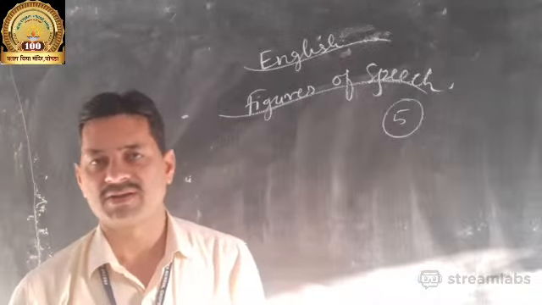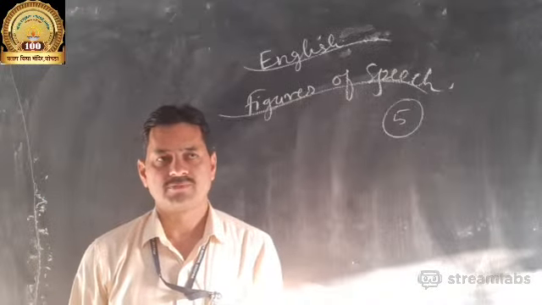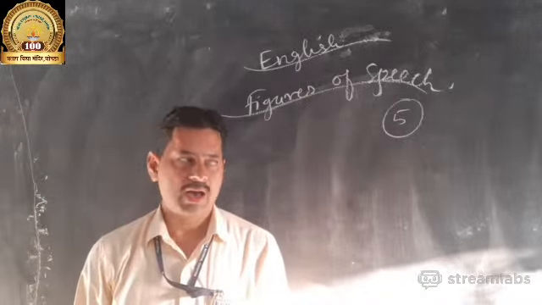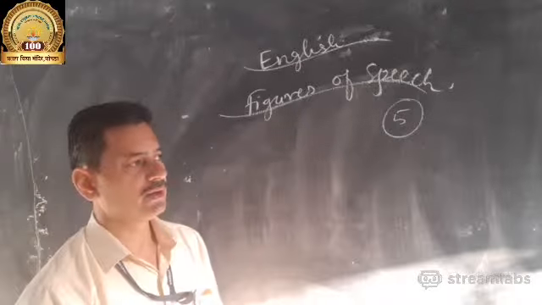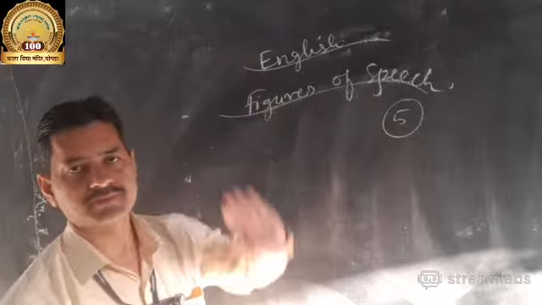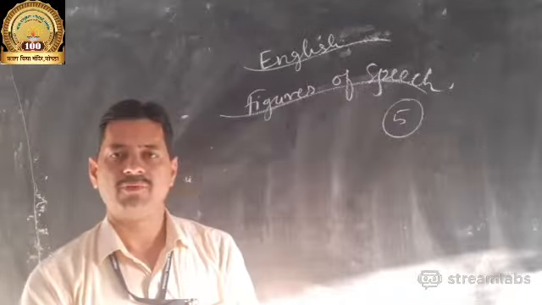Though it is for 5 marks, still it can be a little bit hard for some students as they cannot identify properly the figures of speech. So it is important for everyone.